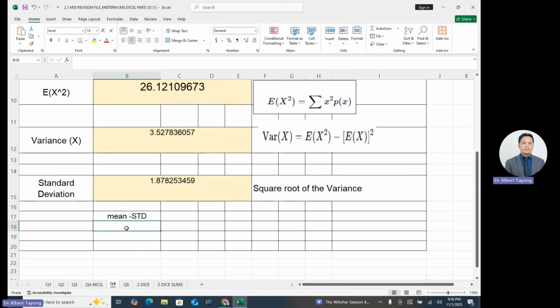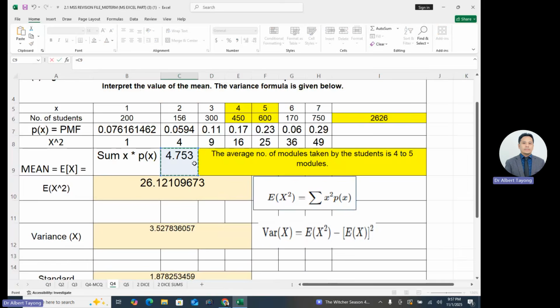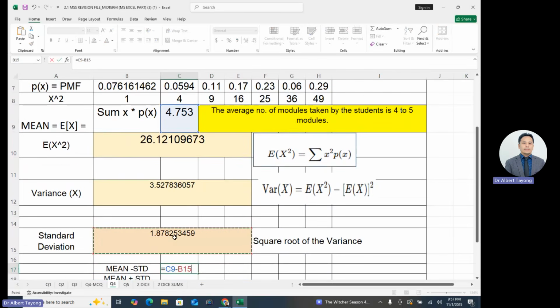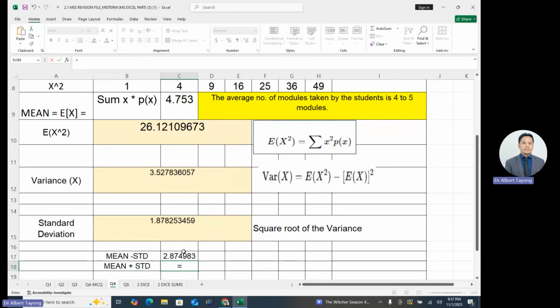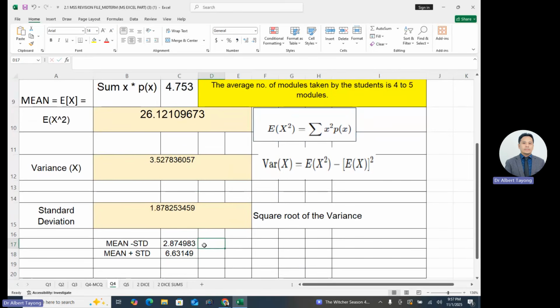I did not ask this. And mean plus standard deviation. Okay. So mean minus, so the mean is this minus standard deviation. And the other one is the mean plus standard deviation. 6.6, 6.5 something.